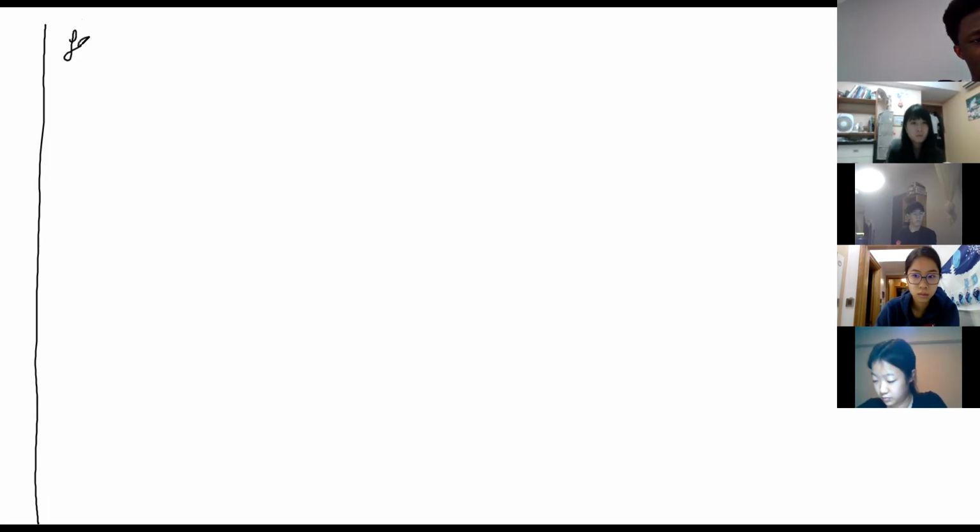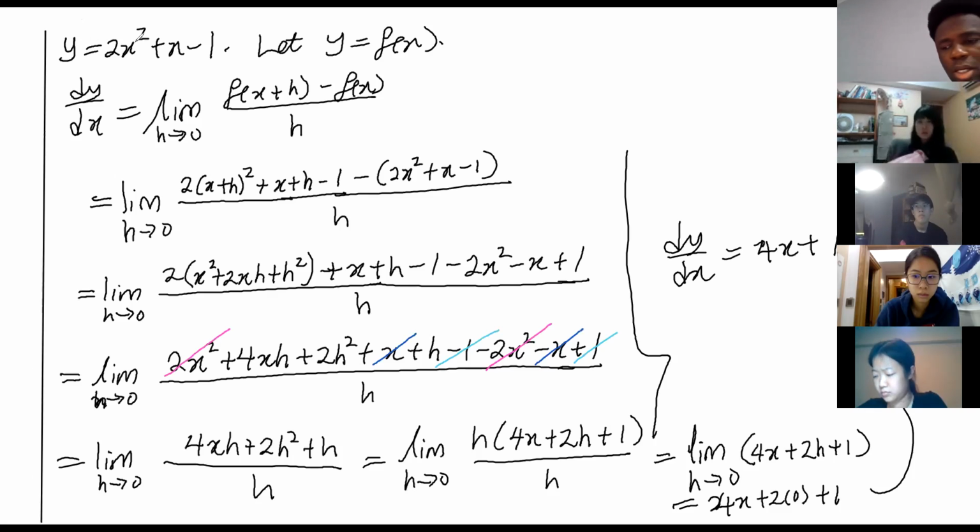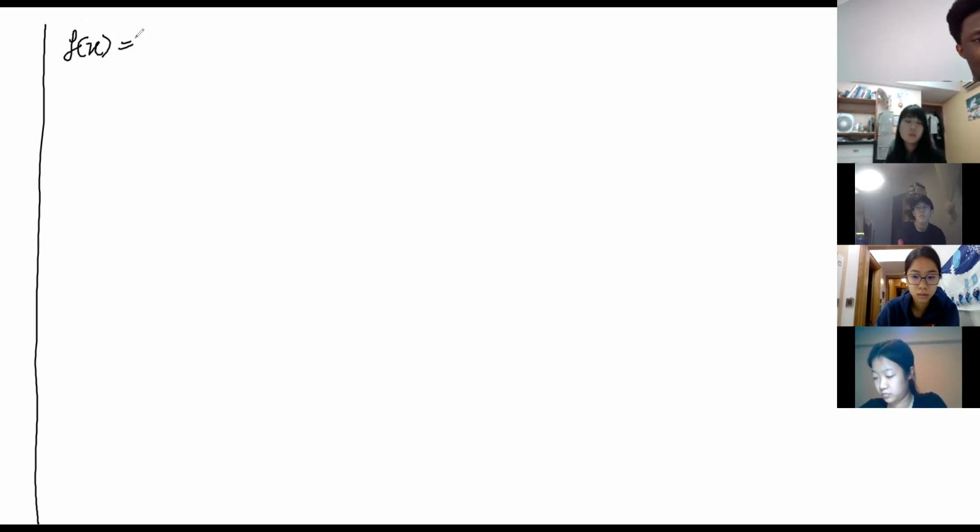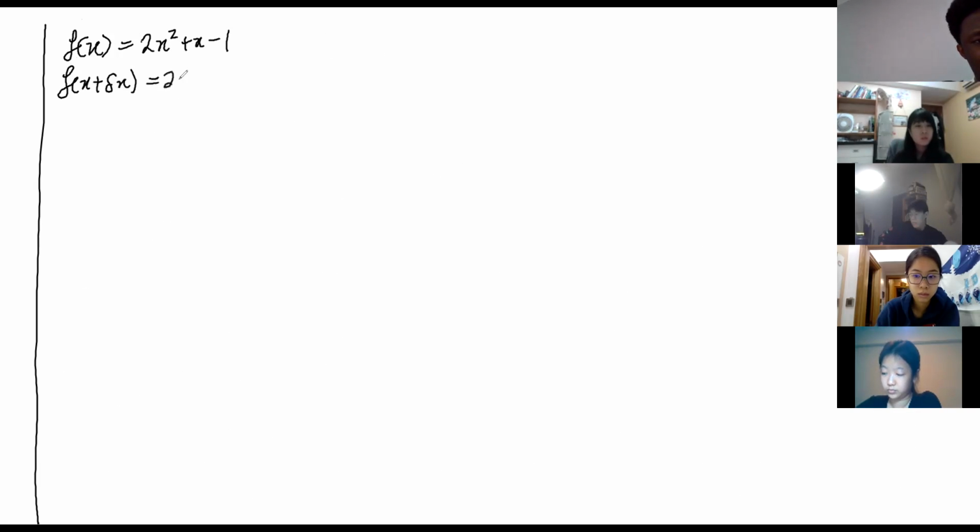I call it f of x already: 2x squared plus x minus 1. Okay, so from here, find your f of x plus delta x. And that is 2 times x plus delta x all squared, plus x plus delta x minus 1.